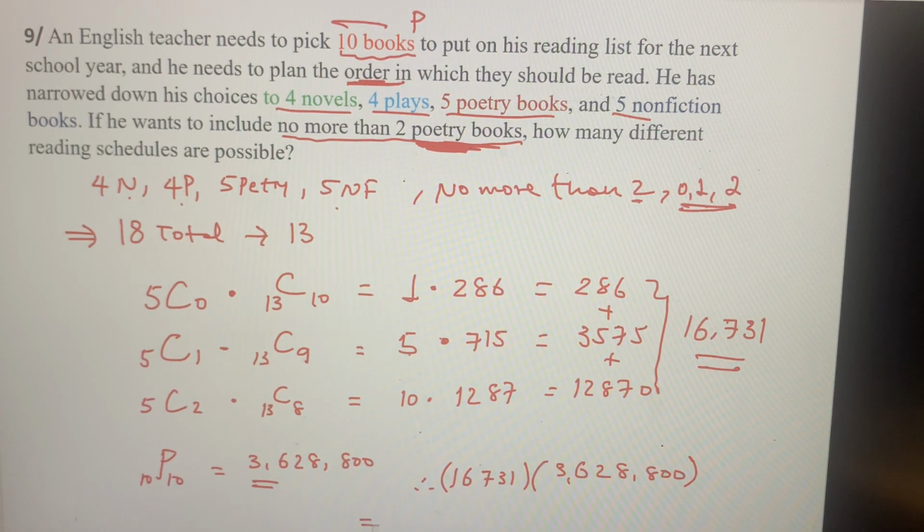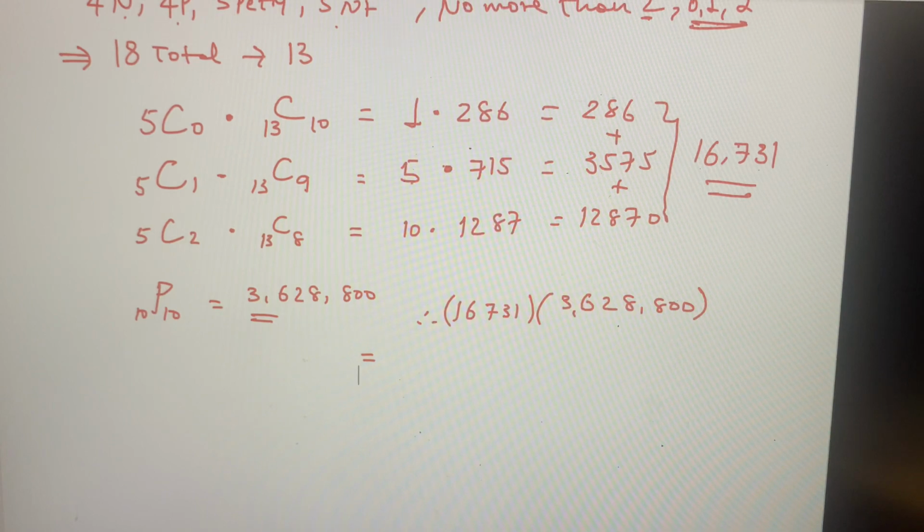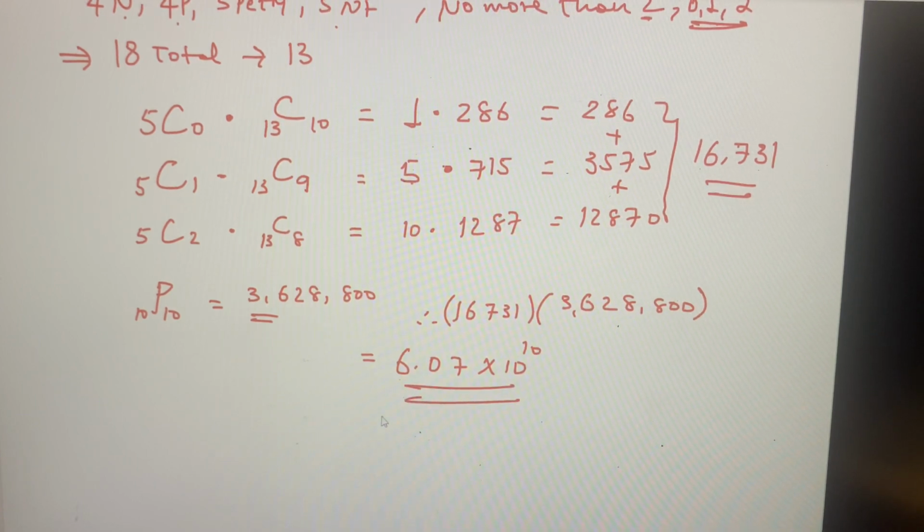So this is going to be the last answer. If you put this in the calculator, what you're going to get is 6.07 times 10 to the power of 10. This is the calculator value of the last answer.